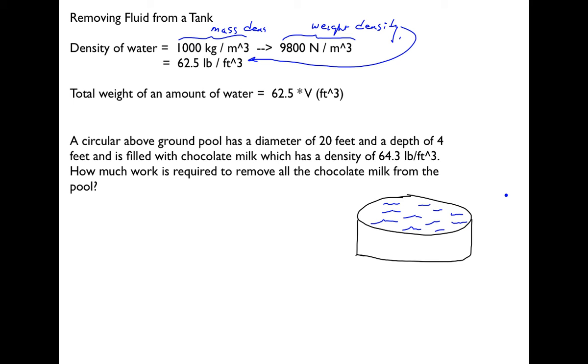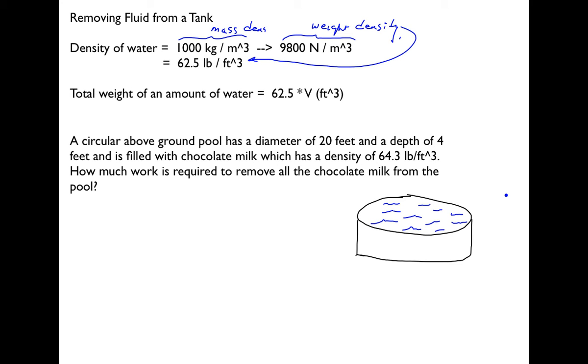Total volume of the pool. Take the total volume of milk times the density. Yes? The weight of all the chocolate milk. So that's the weight, that's the force, and work is force times distance. So what distance are we going to multiply it by? The height.